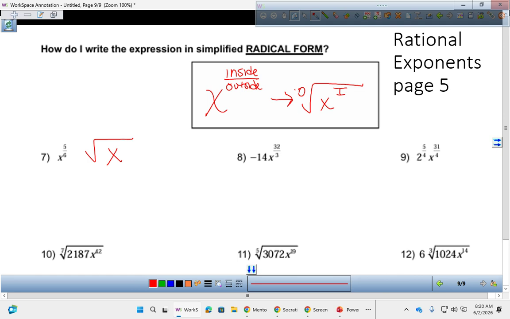The numerator stays inside. And the denominator goes in this little nook part. It's called the index. This becomes a 6th root. If the inside number is less than the outside number, you're done the problem. You don't have to do anything else.